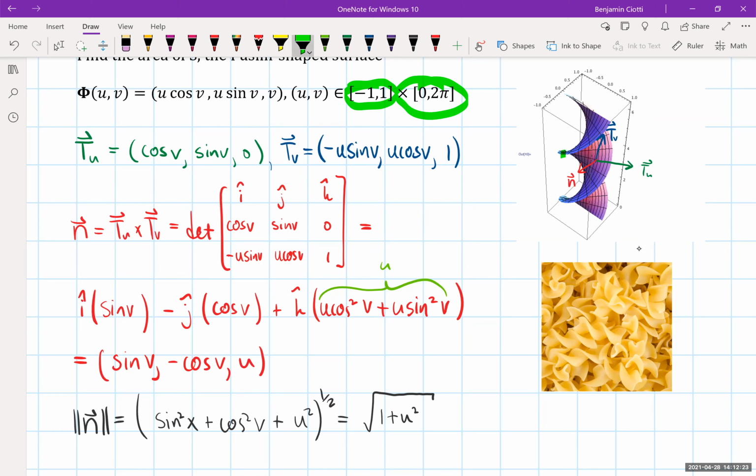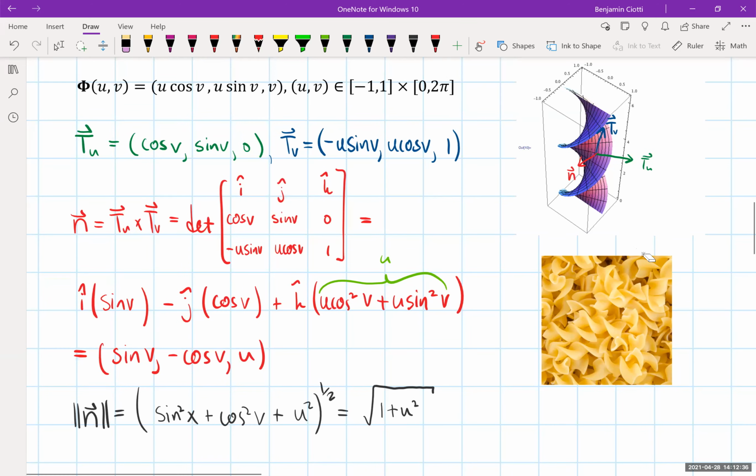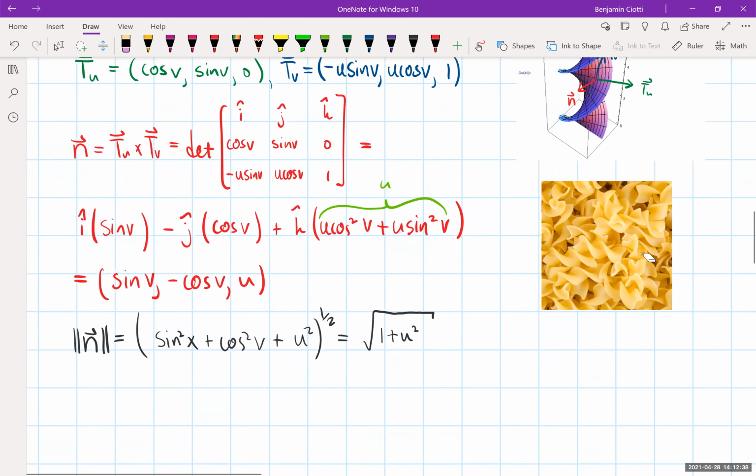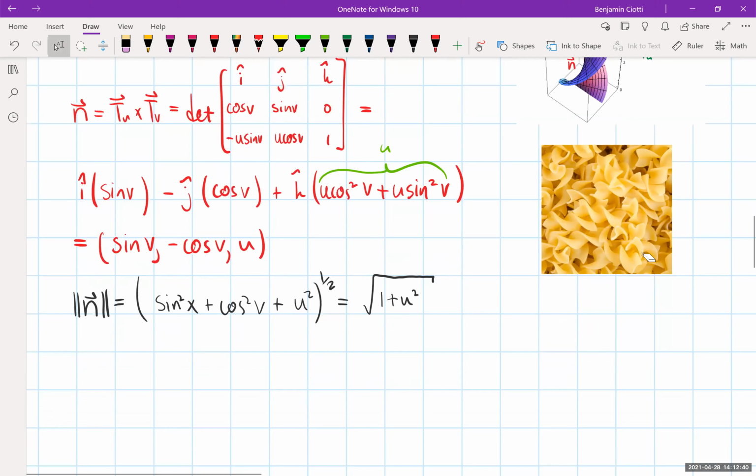Apparently the angle that this thing is twisted at is one of the parameters. It can be kind of hard to generalize a physical interpretation of what the parameters u and v are. But even if you don't have one, you can still just proceed to do the calculation automatically.